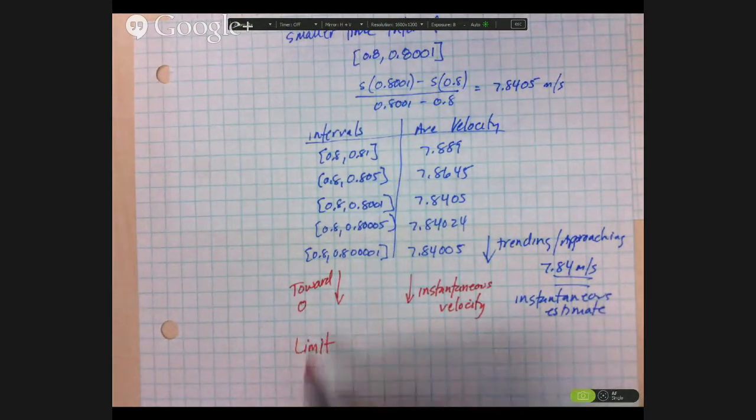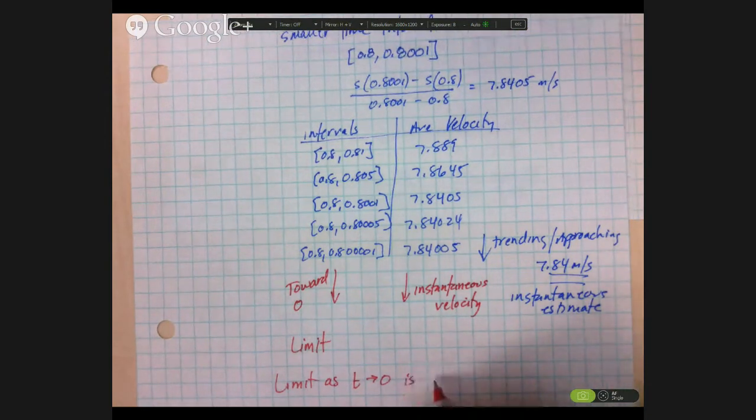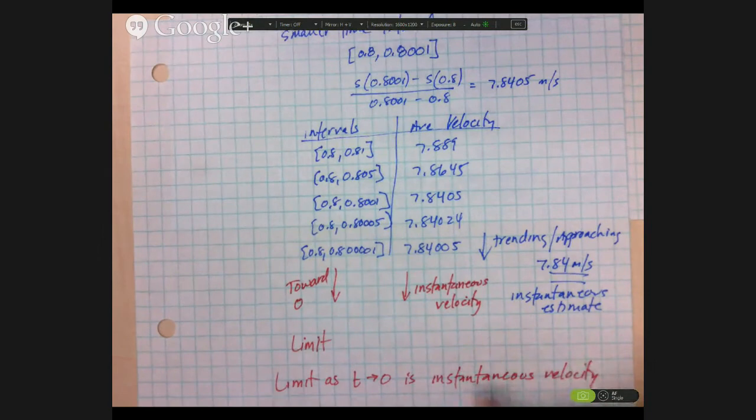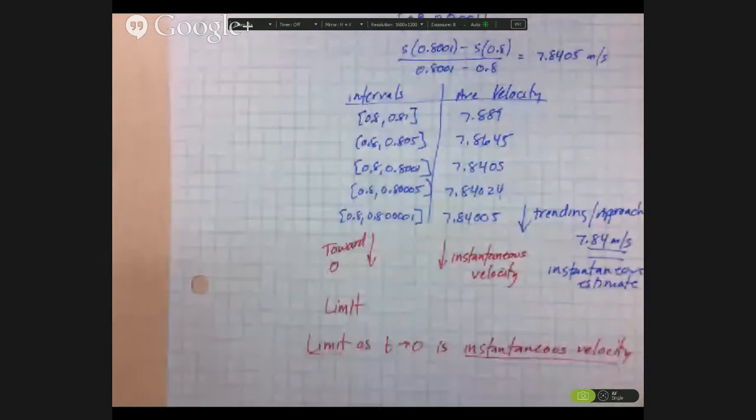So the limit as t approaches 0 is the instantaneous velocity. The instantaneous velocity is where we end. It's the limit of it.